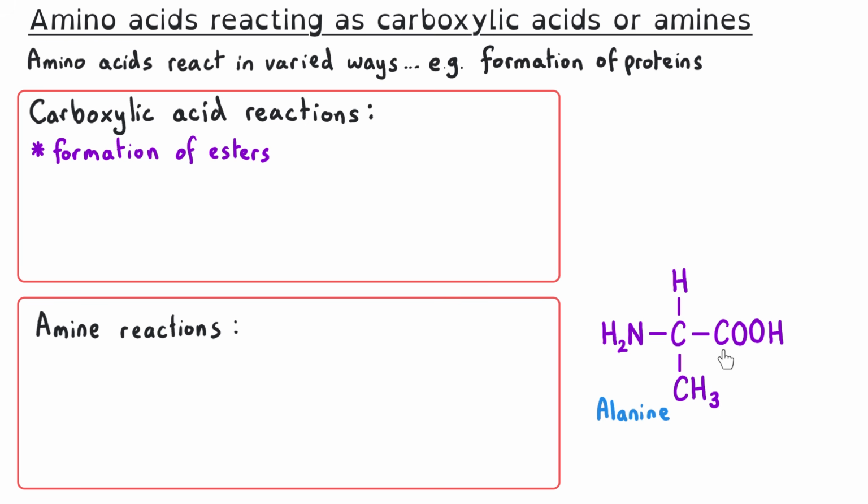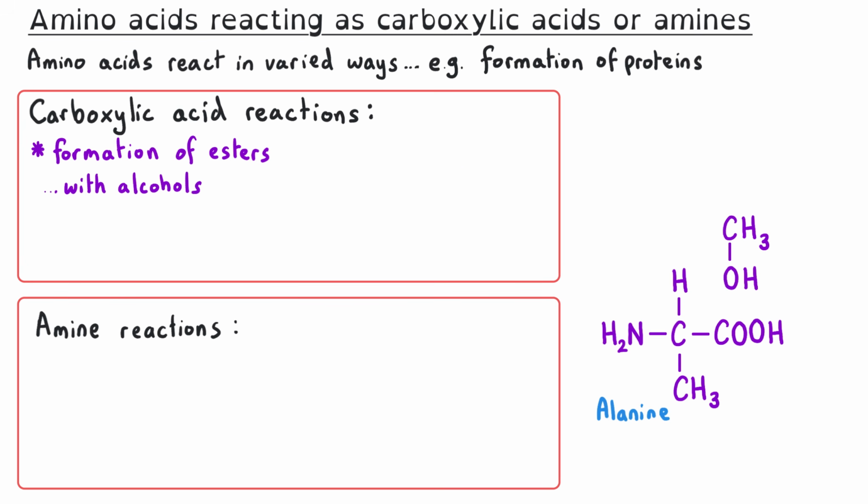For instance, the carboxylic acid group could undergo any reaction of a carboxylic acid. And the formation of esters is the preferred reaction where they do this in an exam situation. And so in this case, the amino acid would be reacting with an alcohol. And they won't usually tell you that esterification is happening.